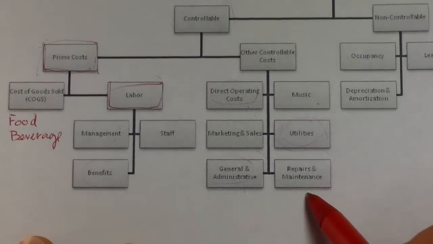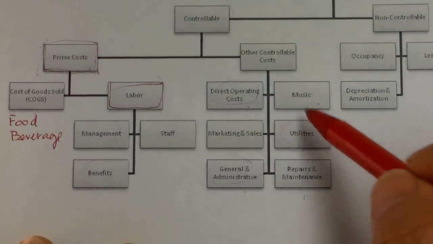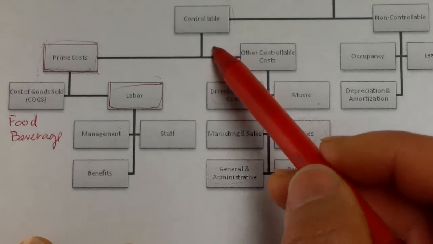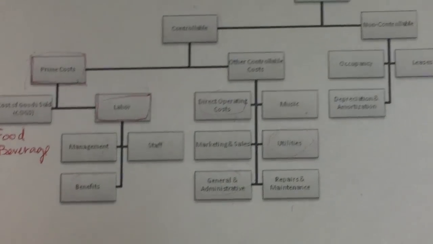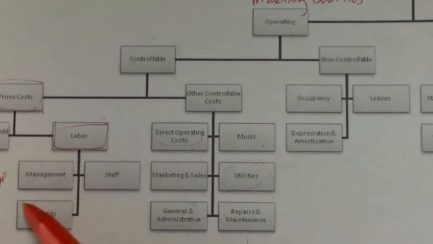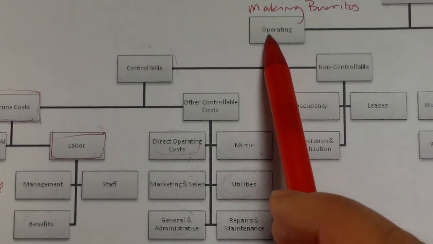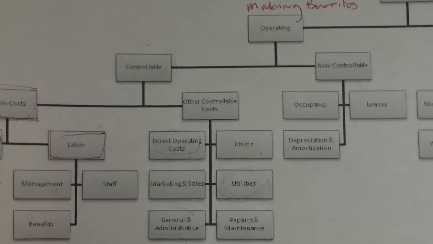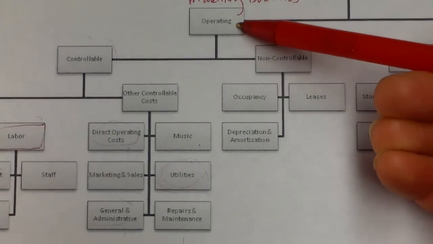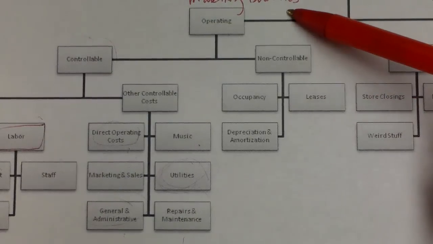Repairs and maintenance: which repair company you choose, and how well you maintain your wares. All of this is generally controllable by the day-to-day manager. And remember, all of this is still under the umbrella of operations. All of this is really needed to make and sell burritos the way that you want to make and sell burritos.